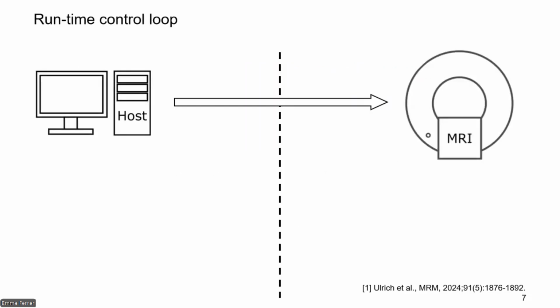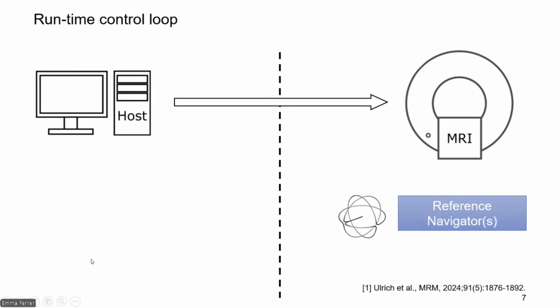And now we have the last ingredient, that is runtime control. Normally, you would just sit down at your host computer, set the scan geometry, scan, and that's it, without prospective motion correction. What we now do is we start the scan, and after the dummy scans, we acquire several references in just a few hundred milliseconds, really quick.